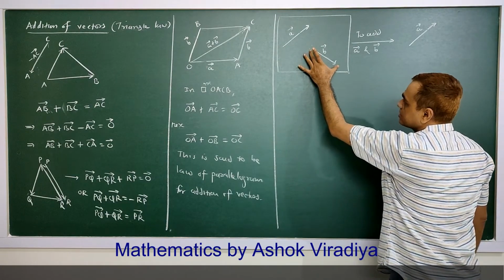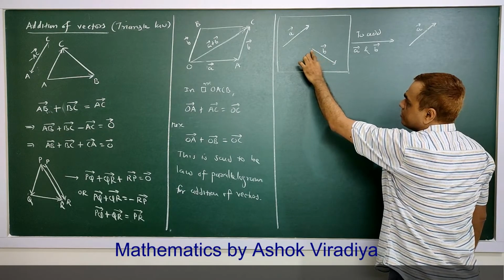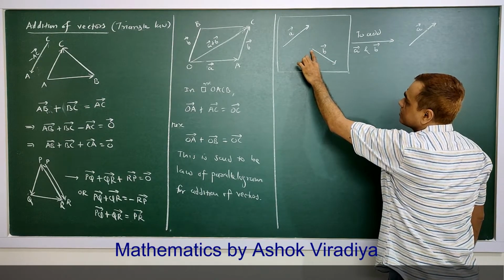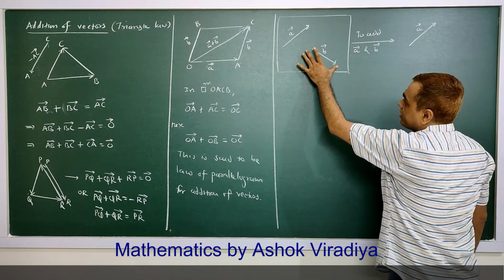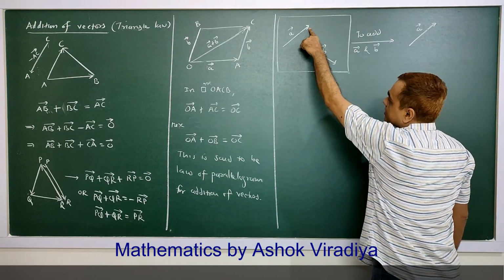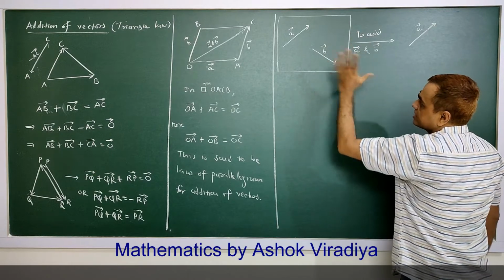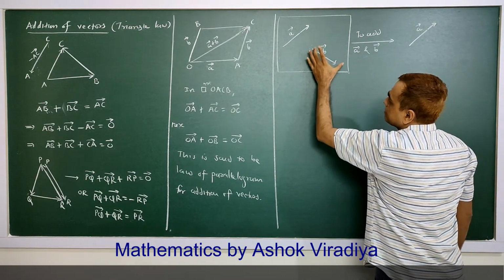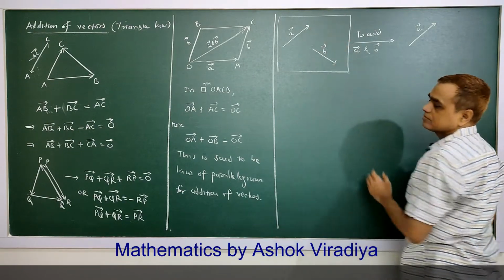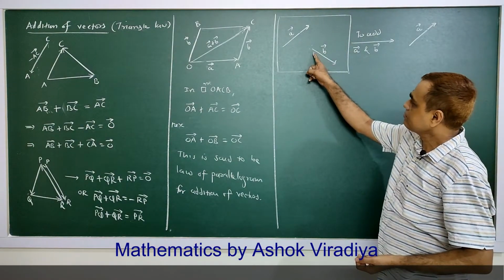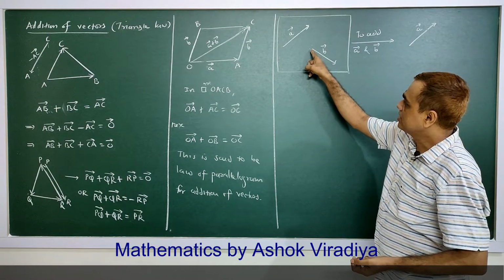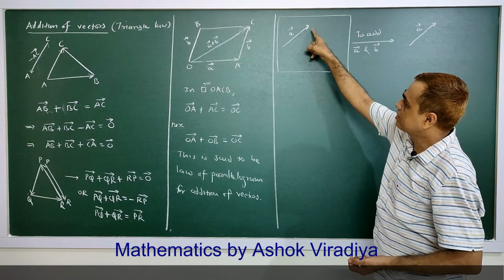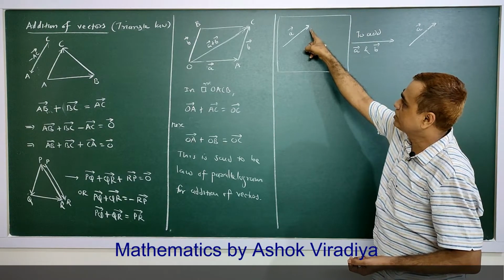That means initial point of vector B and terminal point of vector A coincide. I said to paste here, not anywhere, we will paste at this point. To add them, initial point of vector B and terminal point of vector A coincides.